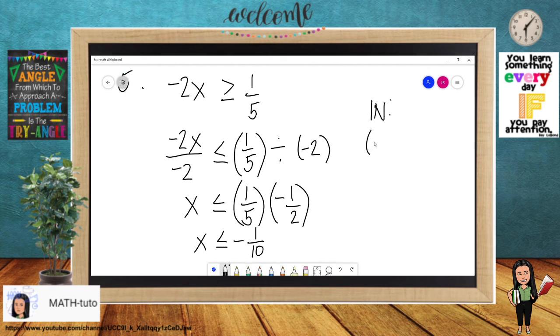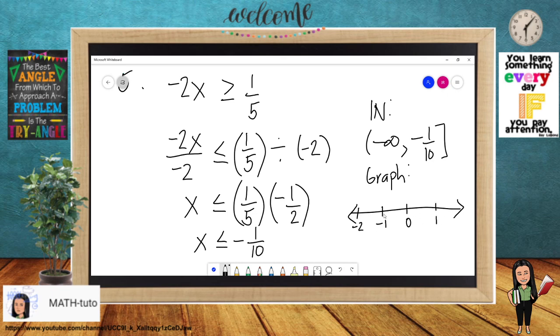In interval notation, it is from negative infinity until negative 1 over 10, included because it is less than or equal to. And if you want to graph, 1 over 10 is in between 0 and 1. Let's enlarge the interval. So, 0, negative 1, negative 2, 1. To get 1 over 10, you divide 1 by 10.